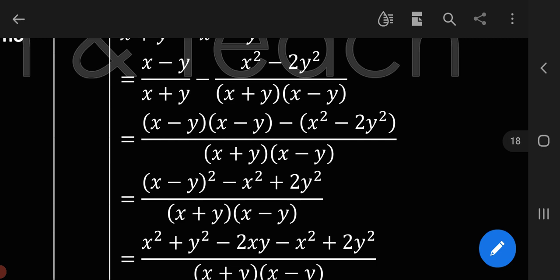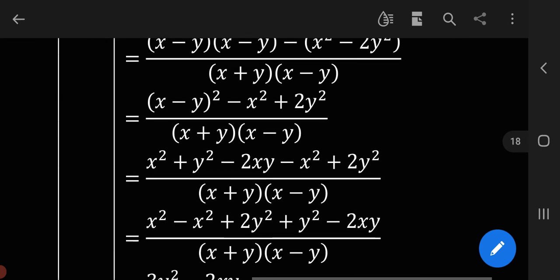What is the reason behind it? The reason is that minus changes all the signs of the remaining terms. So it was plus x square, here it is written minus x square. In the top it was minus 2y square, but here it is written plus 2y square, because minus changes all the signs of the remaining terms.